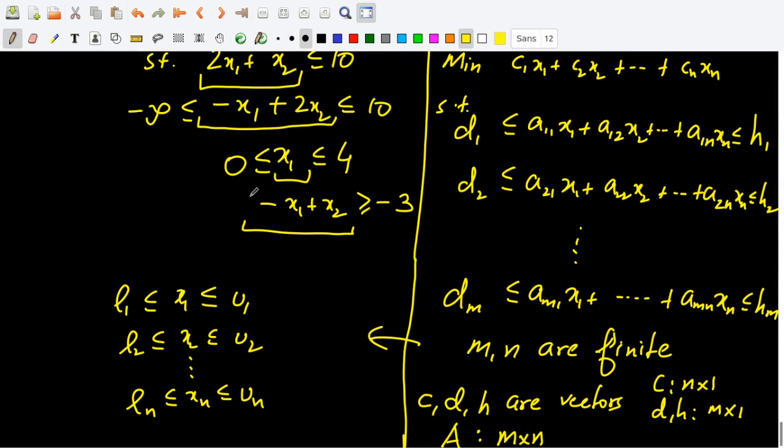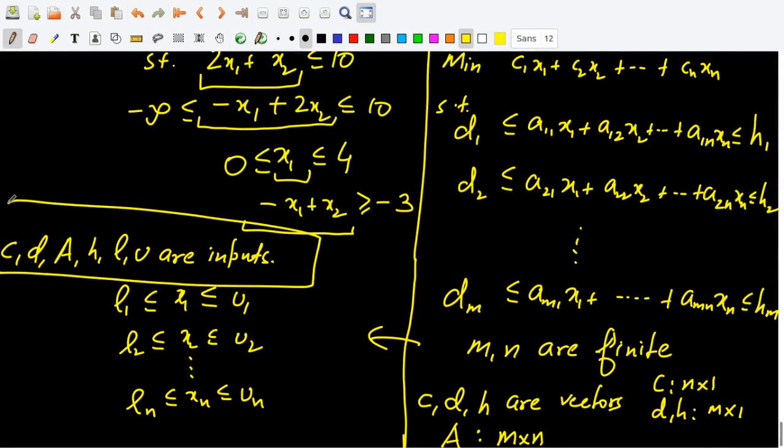So to specify this linear program, C, D, A, H, L and U are inputs. Okay, so if somebody gives us these inputs, then we can try solving this linear program.